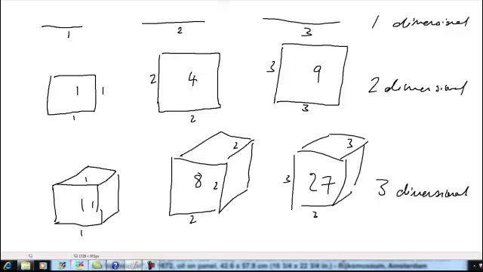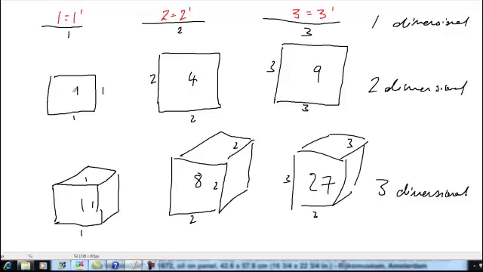The sort of dimension I want to aim at is somewhere between 1 and 2, though. So let's clarify what we mean by the dimension here. It might help if I write that 1 is equal to 1 to the 1, 2 is equal to 2 to the 1, and 3 is equal to 3 to the 1.